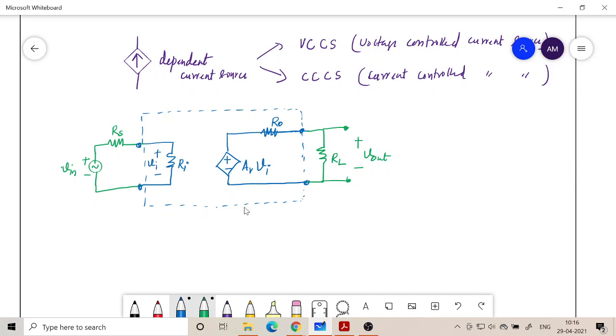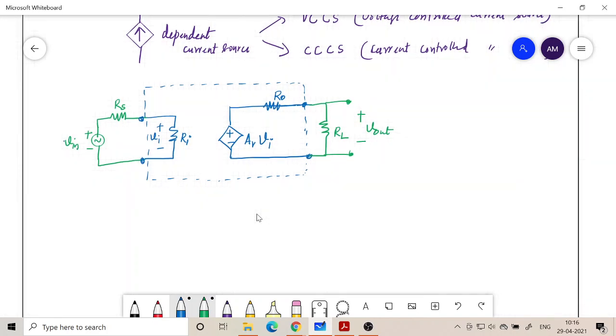Now we are going to derive the condition under which this will function as an amplifier. We will demonstrate that. The condition is that if V out divided by V in is greater than 1, then we say we have amplified the signal.